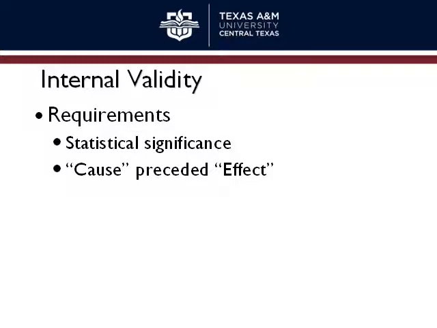So typically for an experiment, you deal with that by using random assignment, right? And you use random assignment in the hopes of establishing equivalent groups. Notice I said hope, because you won't necessarily establish equivalent groups using random assignment, right? Because it's random.